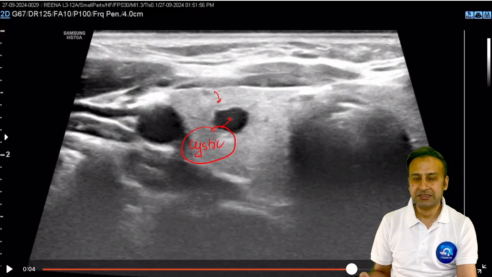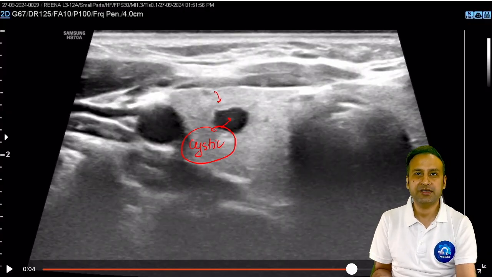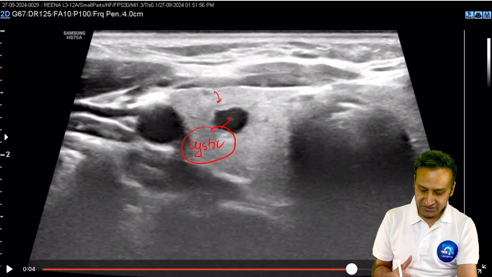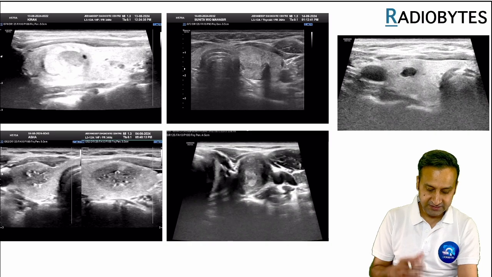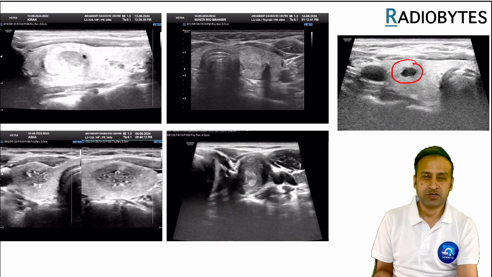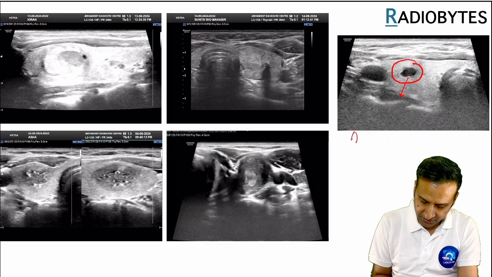When we have a cystic nodule, this nodule is most likely to be benign. Any cyst is benign. We know that in every part of the body, a cyst is usually benign unless it has some solid component. So this particular nodule, which is a cystic nodule, was also classified based upon its echogenicity in TIRADS. Since it is showing no echogenicity, it was called an anechoic nodule.